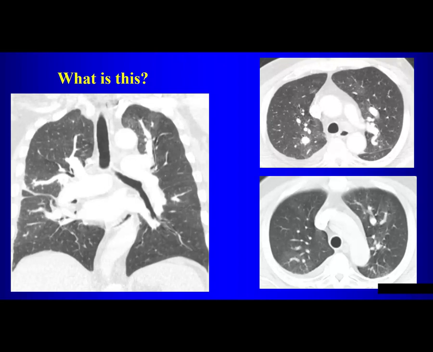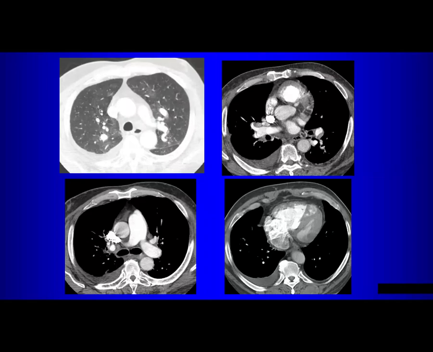Pulmonary hypertension, right. So if you suspect pulmonary hypertension in a patient with mosaic perfusion, the most common cause is chronic pulmonary embolism, right. And so now we looked at the CTs with some contrast and these soft tissue windows.